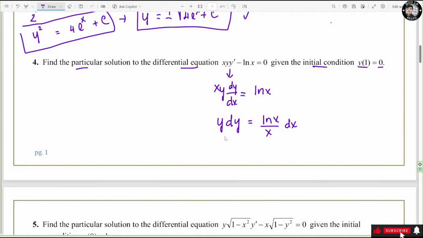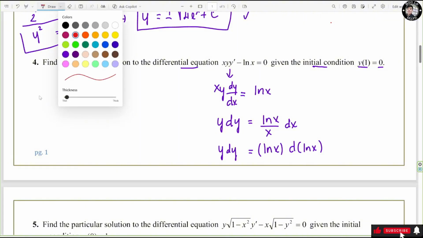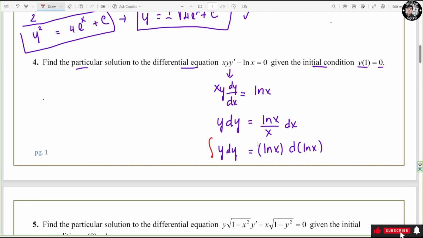Now the left hand side is y dy. For the right hand side, I can rewrite ln x dx over x as ln x times d of ln x, because the derivative of ln x is 1 over x dx. So I can integrate both sides, and you just apply the power rule.